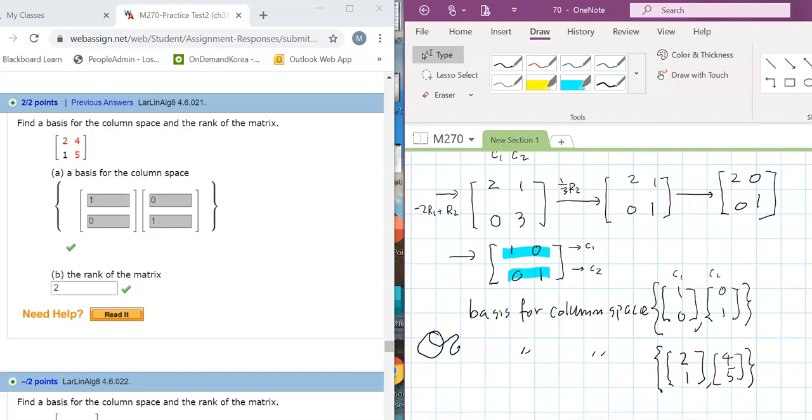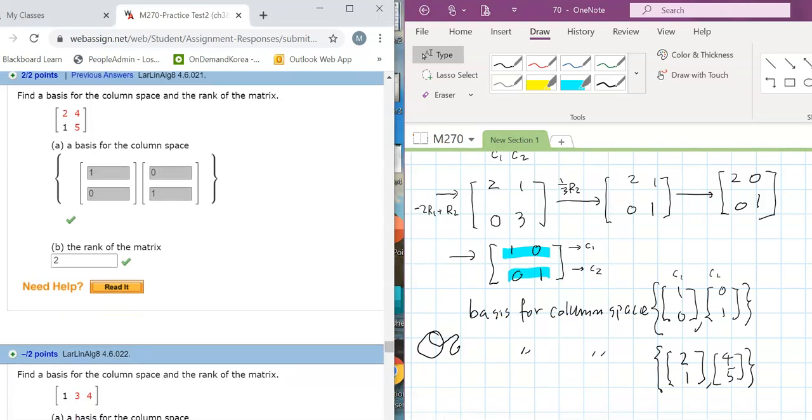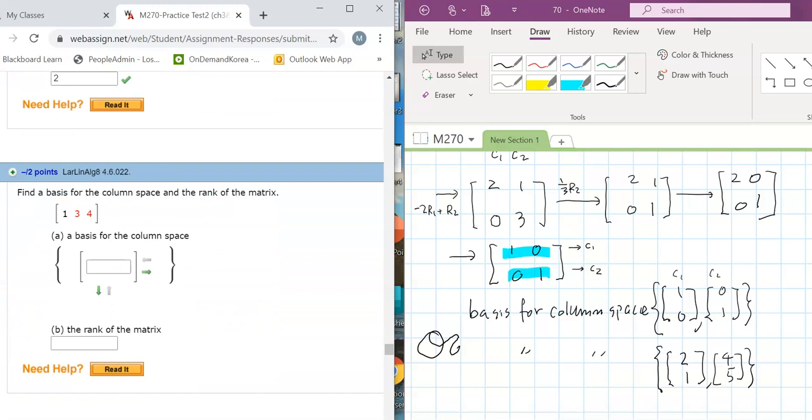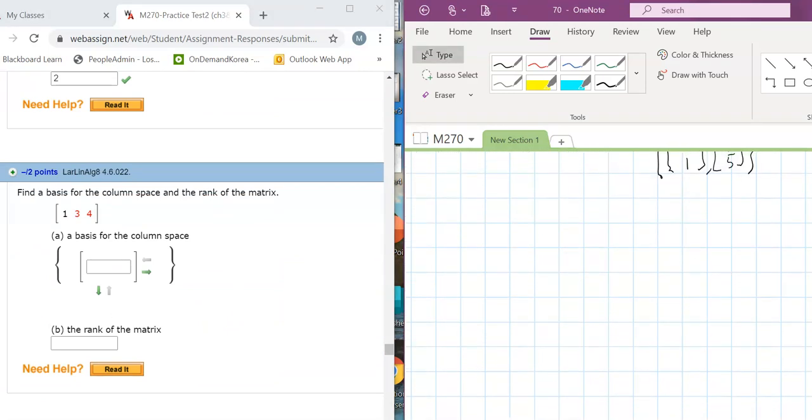Okay. So now let's try another thing. Now this one, find the basis of column space. This is a pretty obvious one. If you look at 76, 1, 3, 4, this is only leading 1. We have 3 columns, right?